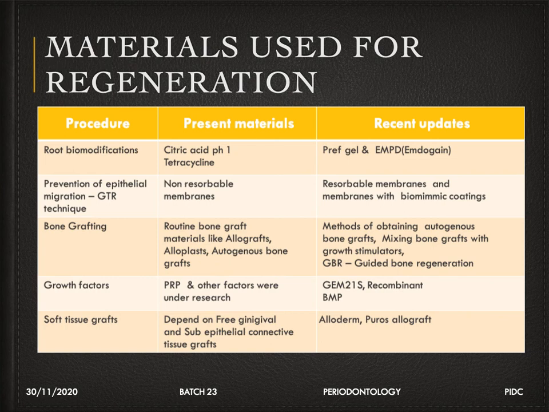The materials used for regenerative therapy, the newer materials that have been introduced, are root biomodifying agents, guided tissue regeneration, bone graft materials, growth factors, and soft tissue grafts. We'll see one by one what the newer materials available in each of these categories are.